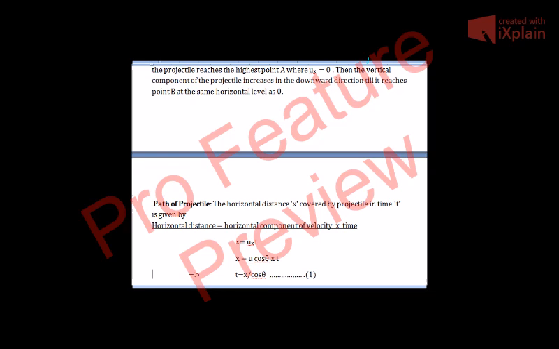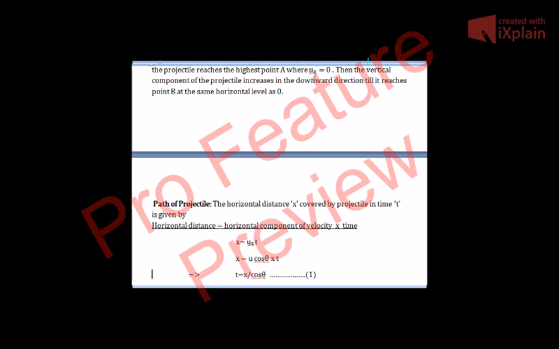There is a correction here, it is uy. So till uy is 0, then the vertical component of the projectile increases in the downward direction till it reaches point B at the same horizontal level as O.